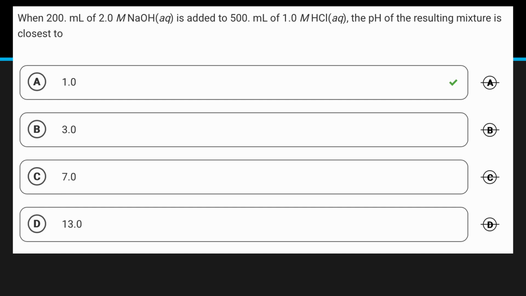All right, when 200 milliliters of 2 molar NaOH is added to 500 milliliters of 1 molar HCl, the pH of the resulting mixture is closest to what? So we have a strong acid, strong base equation, which means I know my net ionic equation is going to be H+ plus OH- reacts to form water.